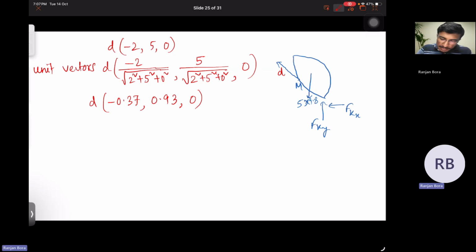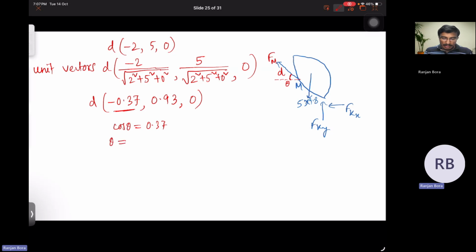So let us take this muscle force as Fm. And we need to find its angle with the horizontal x-axis. Let us take this as theta. How will we find this theta? Since this is the x component of this unit vector, we will take cos theta equal to 0.37.